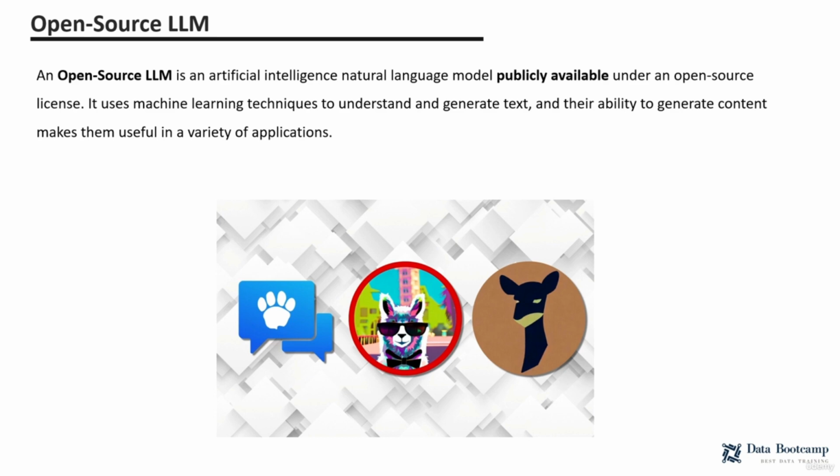We can use them freely, adapt them to our specific use cases, and they don't entail any usage fees. Additionally, their code is shared in a public repository, typically on GitHub or Hugging Face.